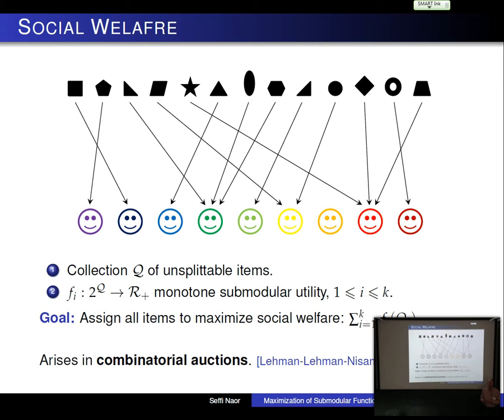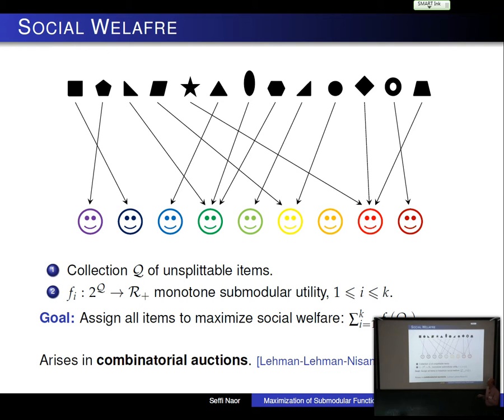A classic example of submodular functions, which I'll use later on, comes up in algorithmic game theory. Suppose we have a bunch of items, and these are unsplittable items. Now, we have a bunch of agents, and we want to assign the items to the agents. Each agent has his own submodular function, which is defined over subsets of the elements, and it's unique to the agent.